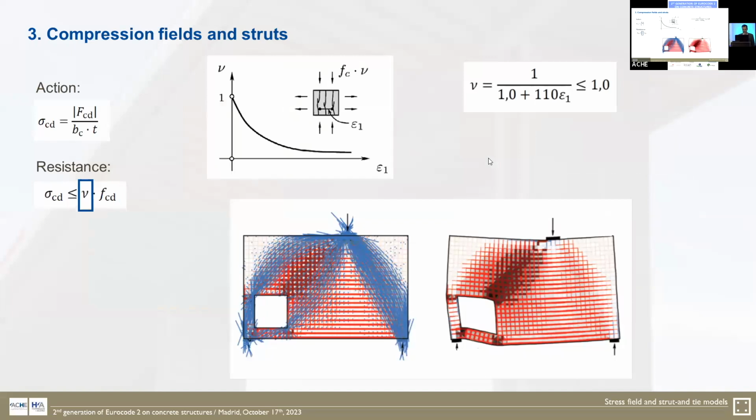Eventually, in the code, one formulation has been adopted, which has been proved to work nicely for beams, for panels, for many types of structural elements. And this one is what we can call a local formulation. This is something that we can use locally in every element that we are having. So this efficiency factor depends on the maximum tensile strain that we are having in the concrete.